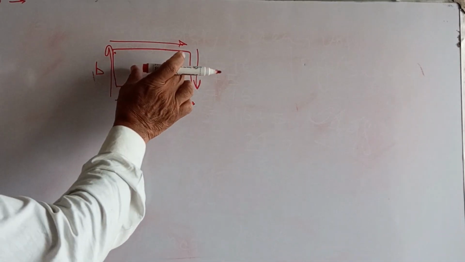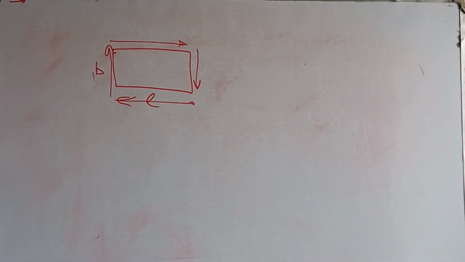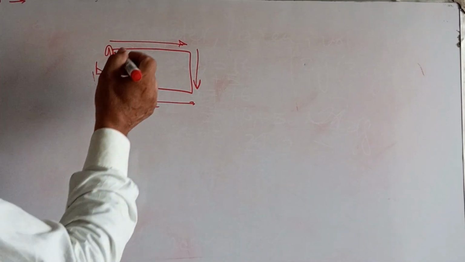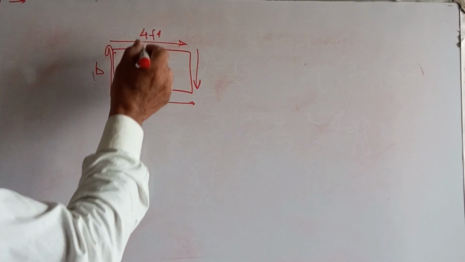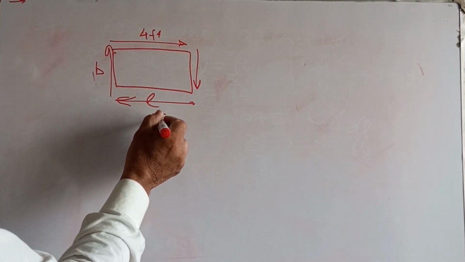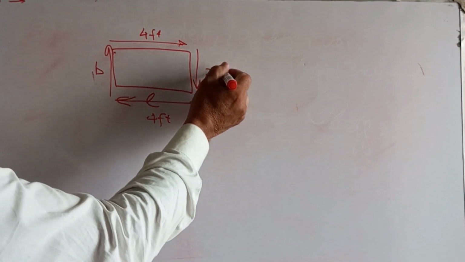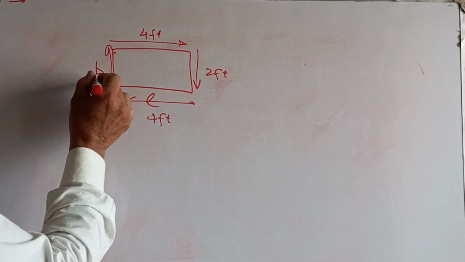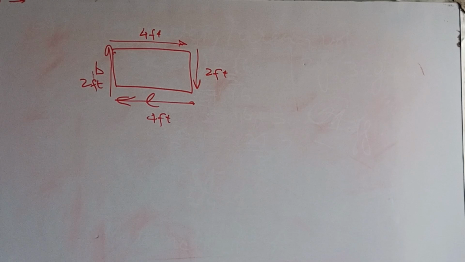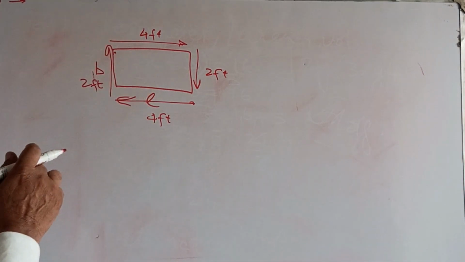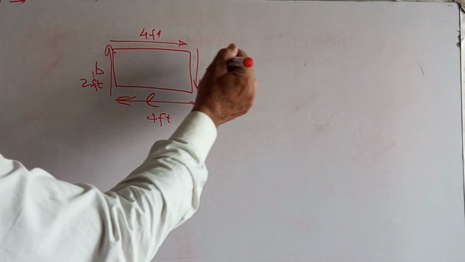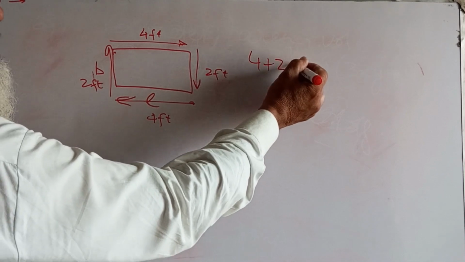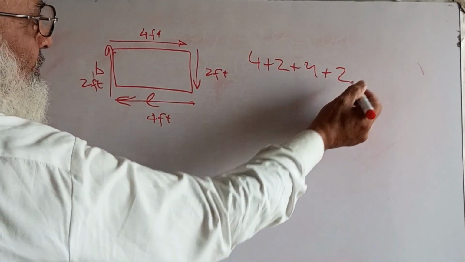Now, if it was a regular rectangle, let us say that it was 4 feet, and of course this is also 4 feet, and let me take the other sides as 2 feet and 2 feet, because it is a regular rectangle. So what I measure is 4 feet plus 2 feet plus 4 feet plus 2 feet.